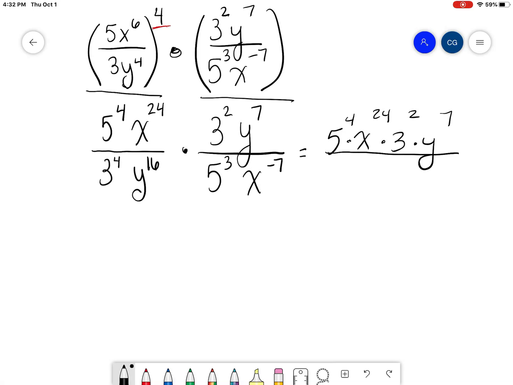None of those bases are the same, so I can't combine them and add the exponents. When I multiply across the bottom, I have 3 to the 4th, y to the 16th, times 5 to the 3rd, times x to the negative 7. And again, I don't have bases that are the same in the denominator, so I can't combine the bases and add the exponents.